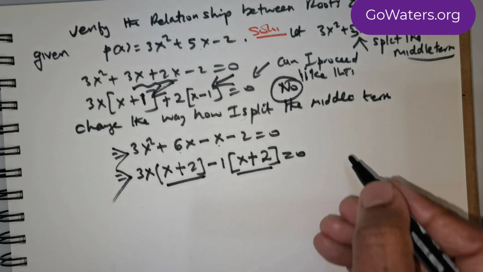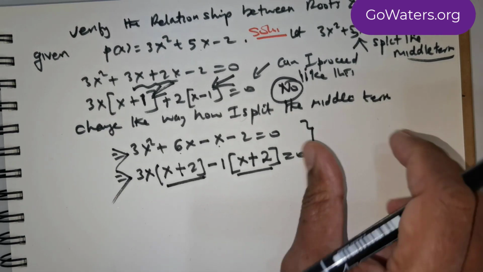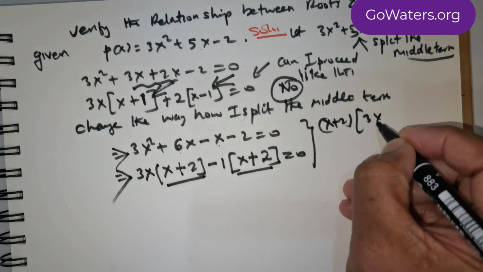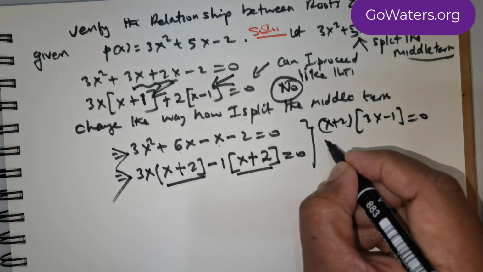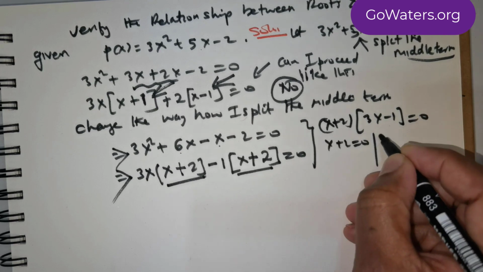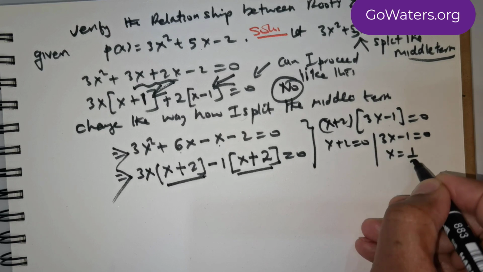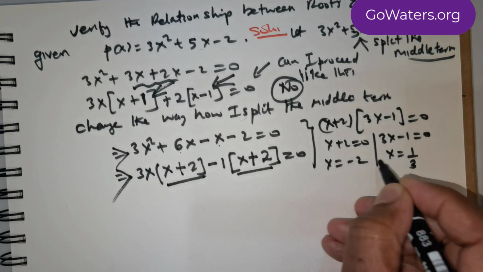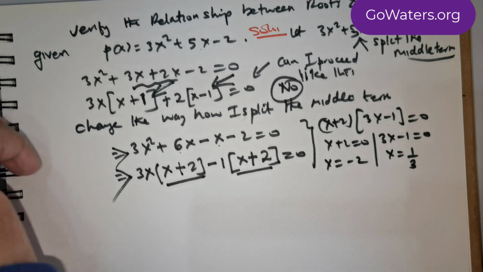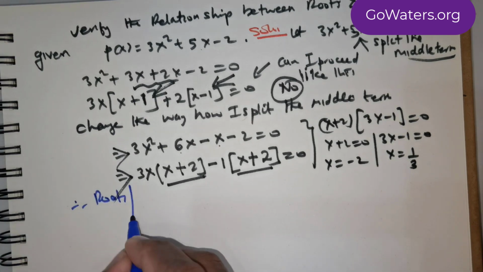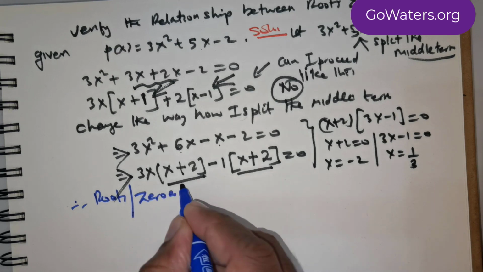x plus 2, x plus 2. Now let me use this part of the space. Now let me take x plus 2 out. That would give me 3x minus 1 is equal to 0. So x plus 2 is equal to 0, or 3x minus 1 is equal to 0. From here, x is equal to 1 over 3 and x is equal to negative 2. So therefore the roots, what are the roots here? You can either call them roots or zeros.